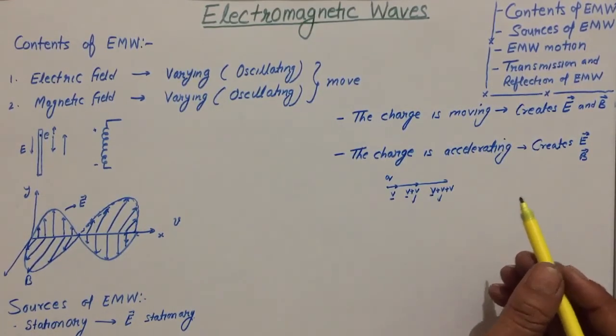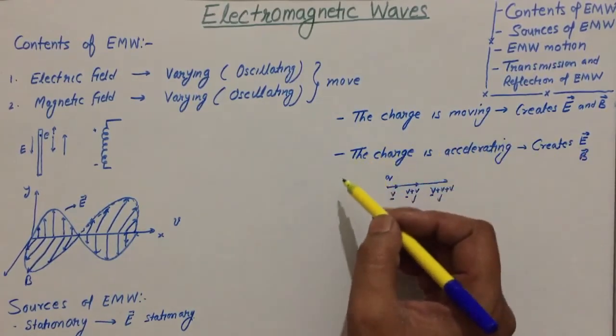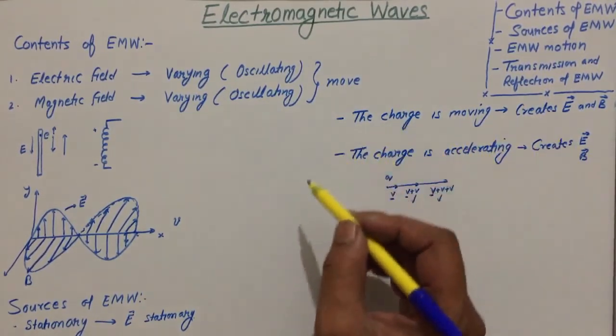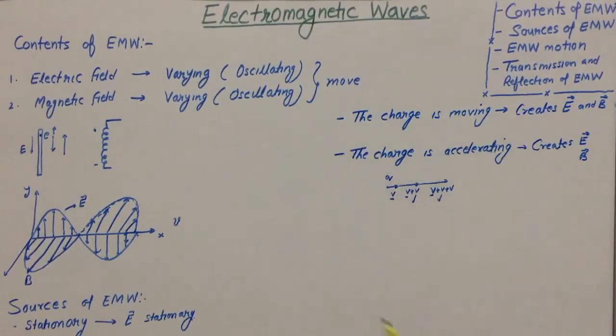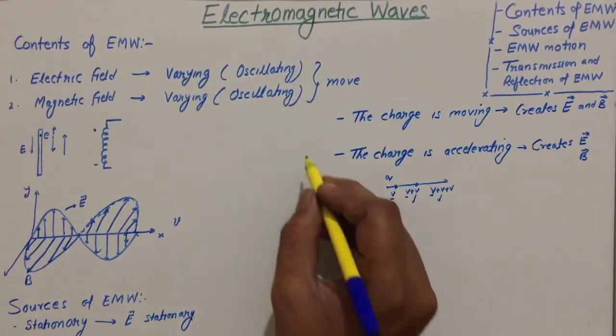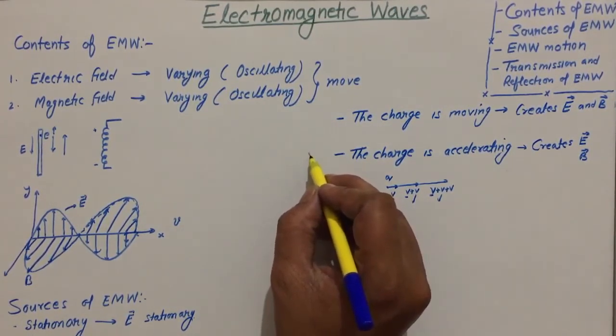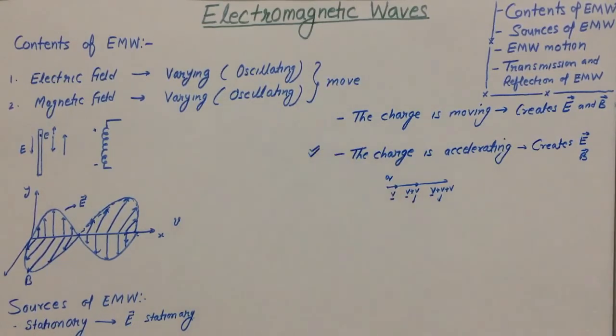Thus the source of electromagnetic wave is the accelerating charge. We can conclude at this point that the source of electromagnetic wave is this.